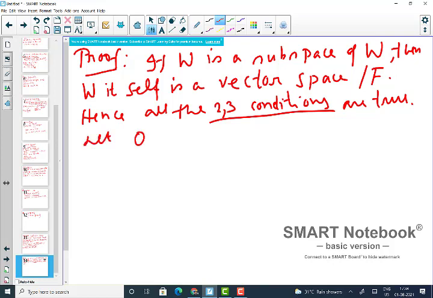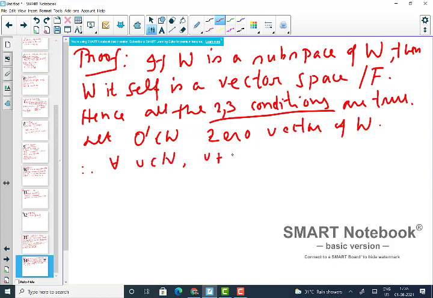Let you have a zero vector, so maybe 0 dash. So this is your zero vector of W. You need to show that this is actually the original zero of V, right? Now, if it is the zero vector of W, that means for all v belonging to W, v plus 0 dash will be v, right?